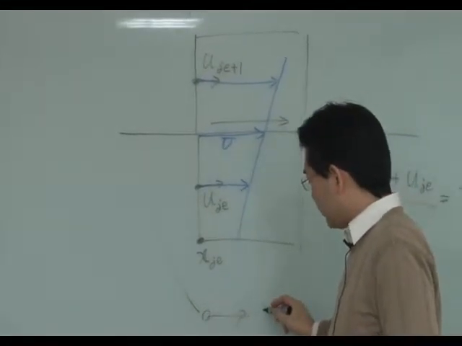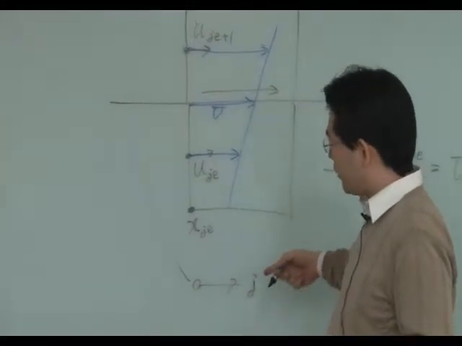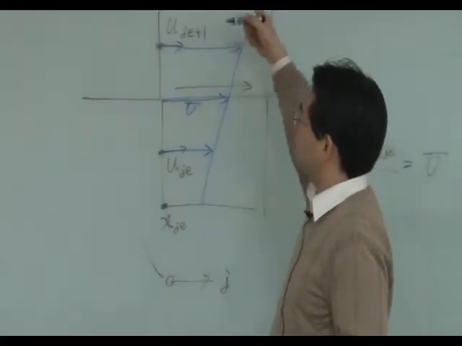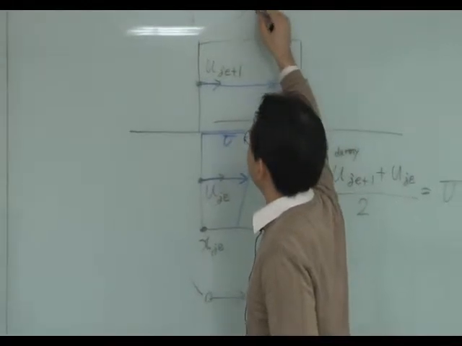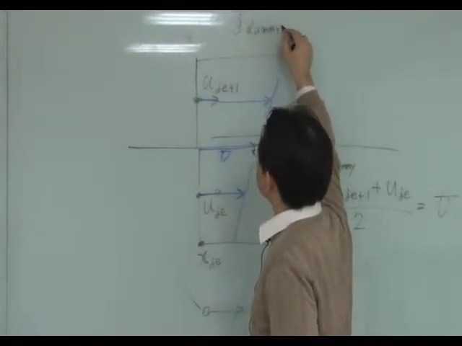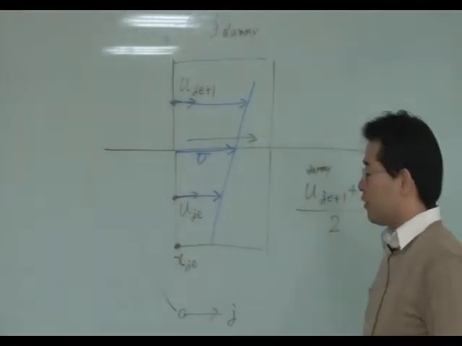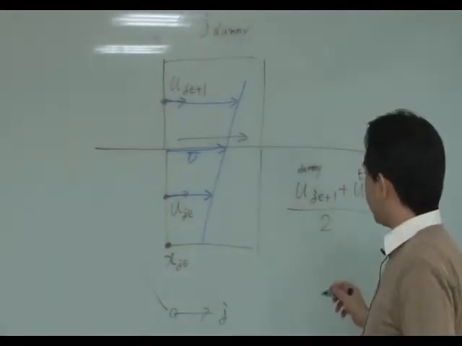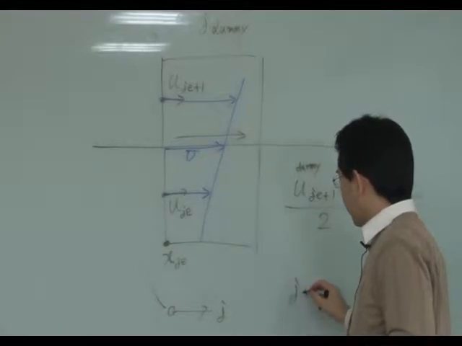You have to check the relation between the index, this one and this one. This one is the dummy point. The relation between these indices is like this.